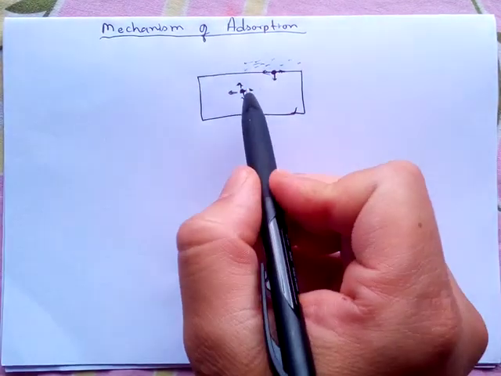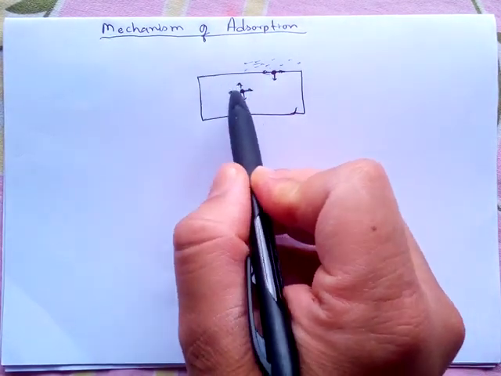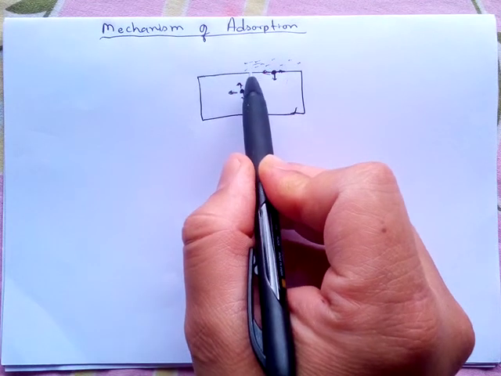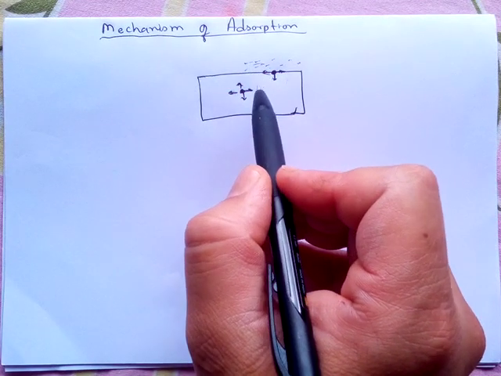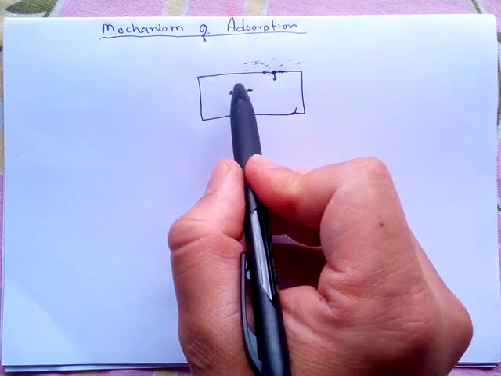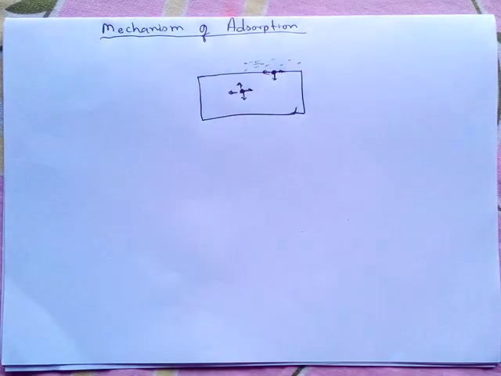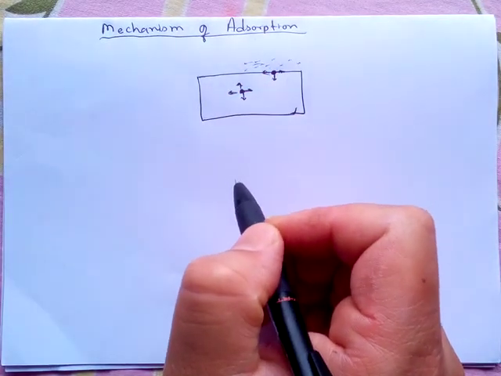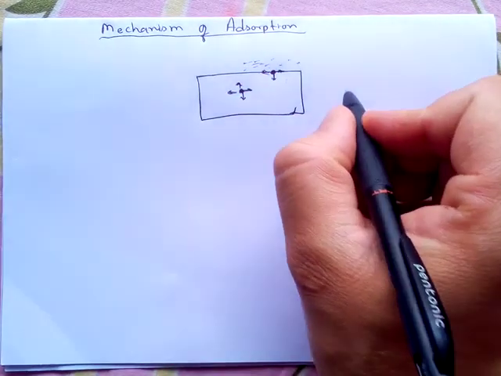Therefore, we can say that as the surface area increases, the extent of adsorption also increases. And it has been noticed that adsorption is an exothermic process.